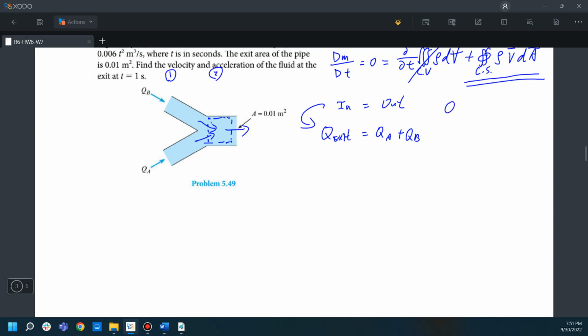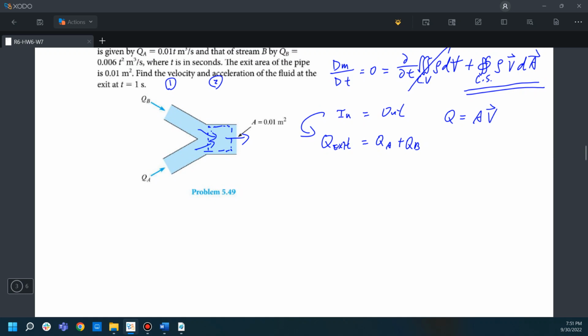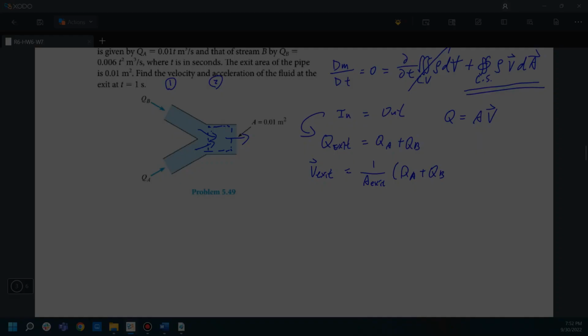Okay, so Q axis, and we know that Q equals area times the velocity. So if we apply that here, we can write the velocity at the axis is equal to 1 over the area of the axis times QA plus QB.